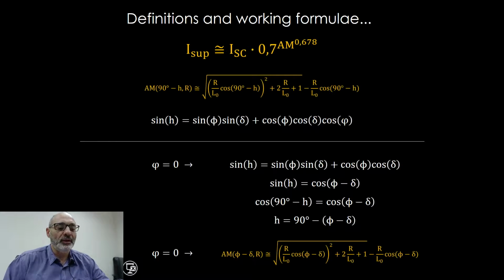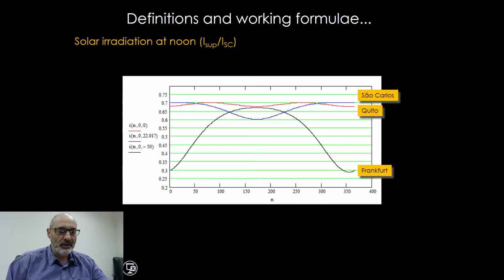So this summarizes everything, our working formulas. Here, how to calculate the solar energy that we get on the surface, the air mass coefficient, and how to assess the sun's elevation, and other geometrical formulas here.